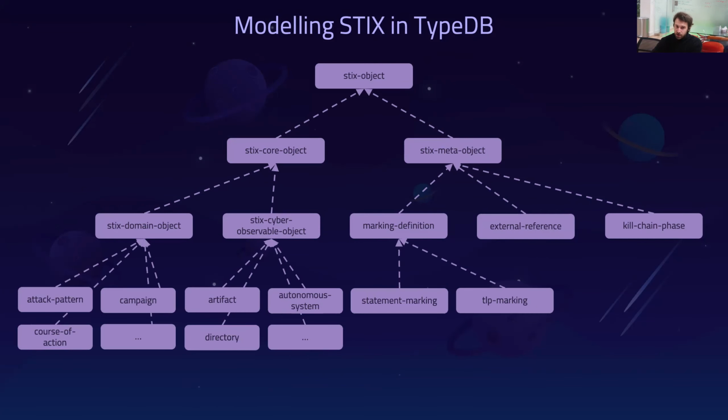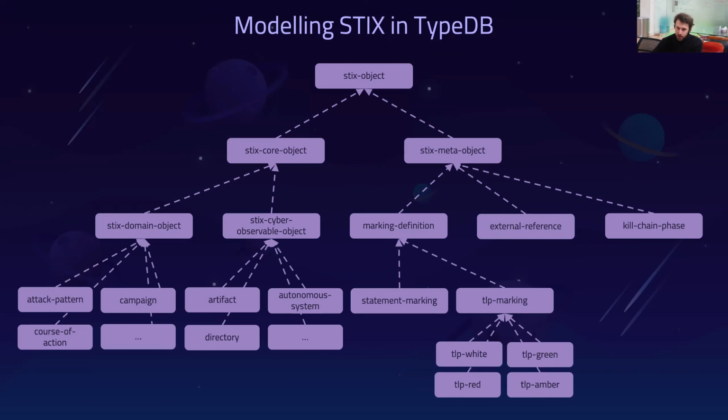And then further, under the SDOs, we define all the different SDOs. We do the same for the cyber observable objects. For the marking definitions, we divide them under statement markings and TLP markings. And TLP markings, we divide under 4 different types: the TLP white, the greens, the reds, and the ambers.